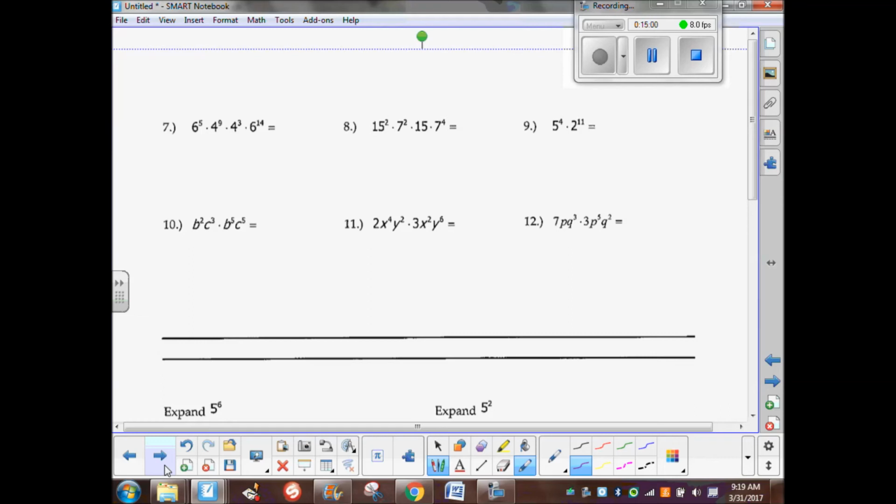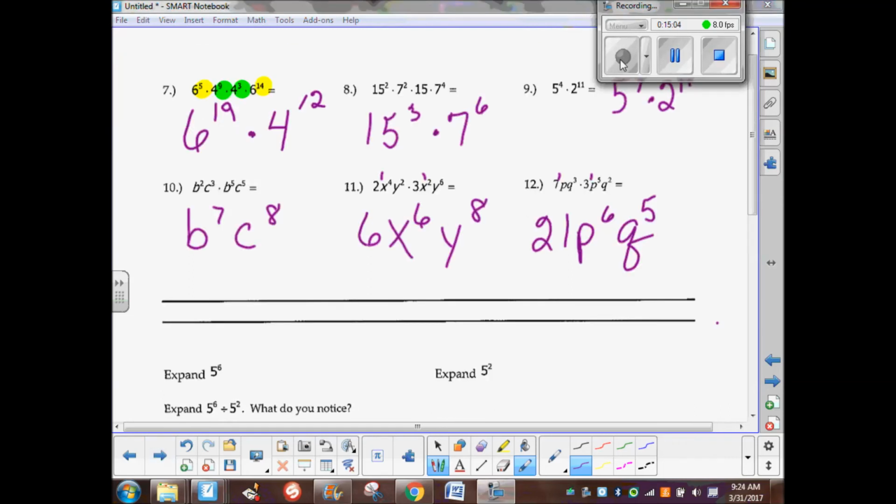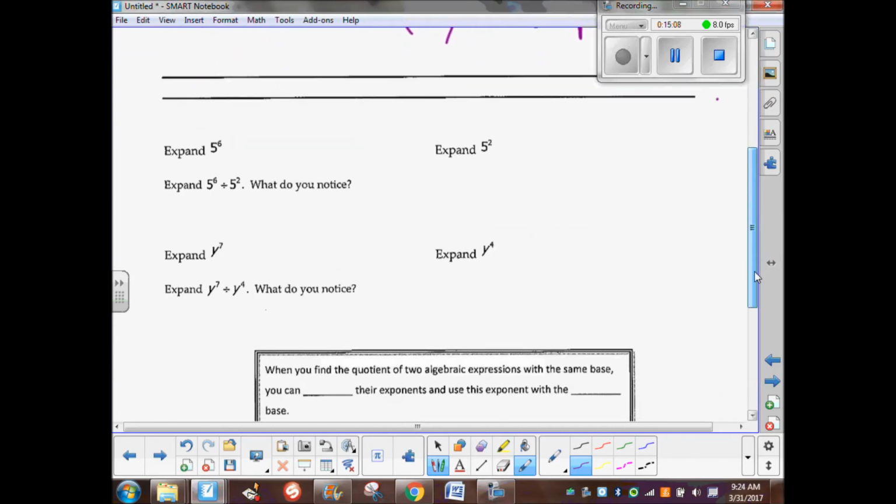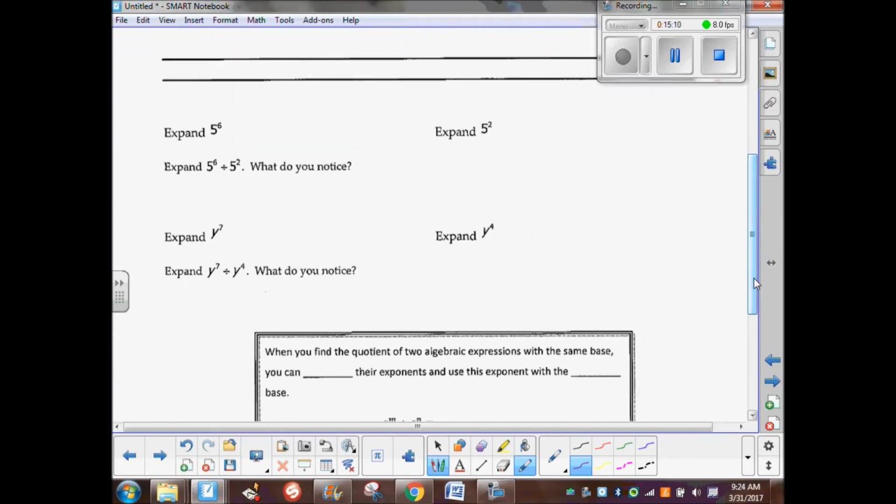I'm going to pause this and we'll come back with the answer. All right, so let's move down. So 5 to the 6th power, expand it. What does that mean, Alexis? And 5 to the 2nd, we know means that.